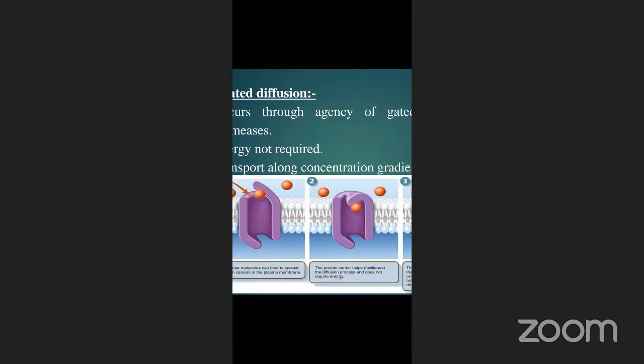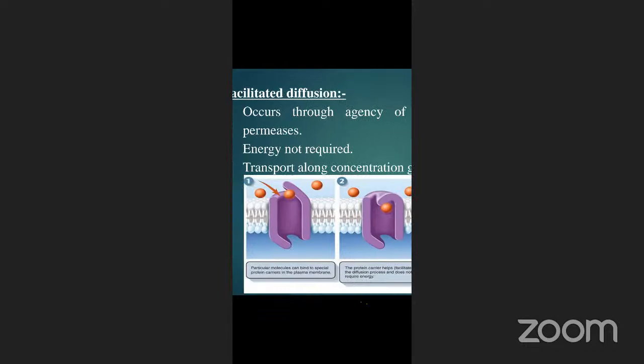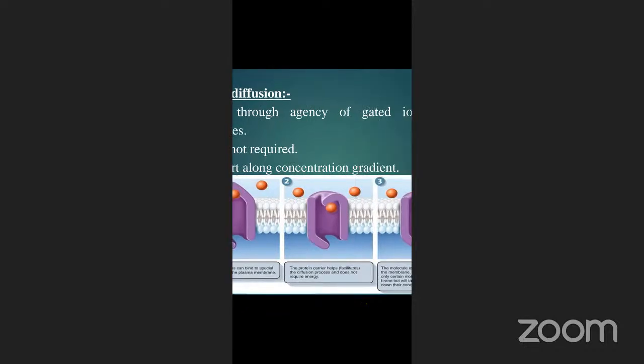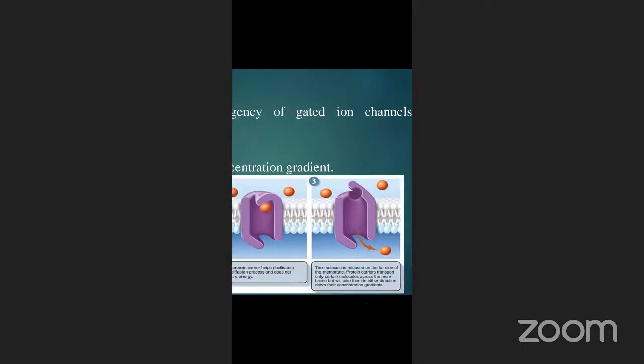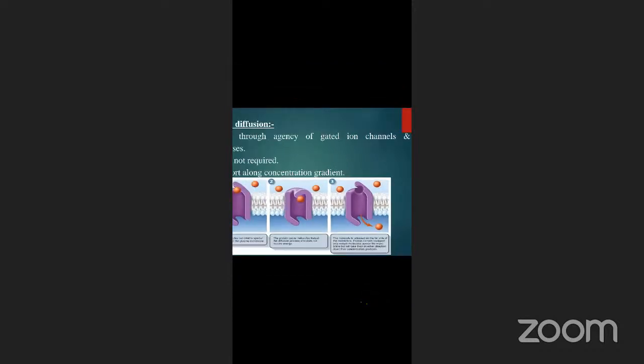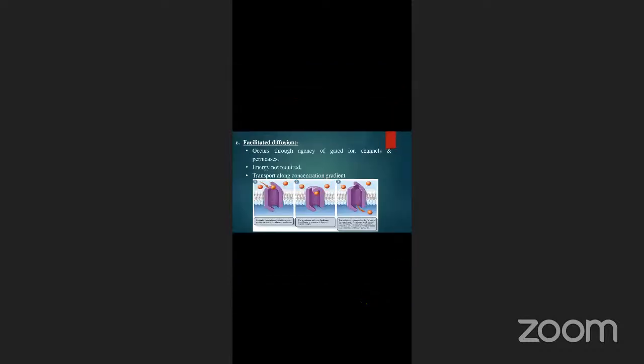Here you can see the orange ball represented. That will come and bind to this carrier, which will fold and help in the movement of this molecule inside the cell. So this is not active transport. This is facilitated diffusion, not simple diffusion.